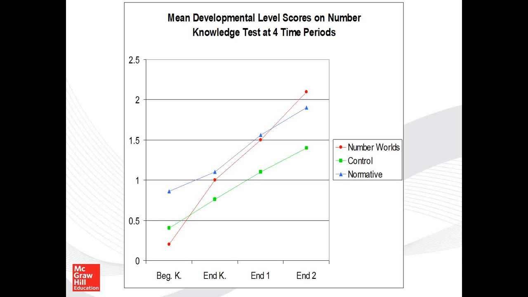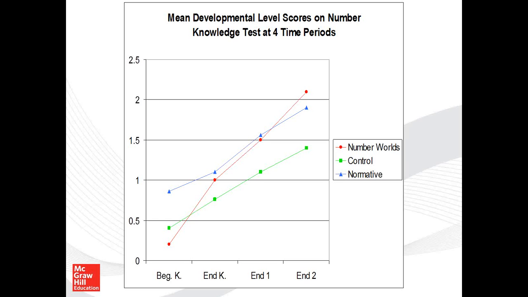Now if you look at the green line, which is the at-risk control sample, you'll see that these students are a good year, if not more, at some points below where they should be compared to their middle income peers. They're below at the beginning of kindergarten, and they don't really change in their pattern. They're still a year below at the end of kindergarten.